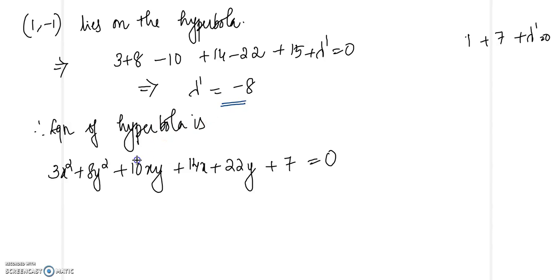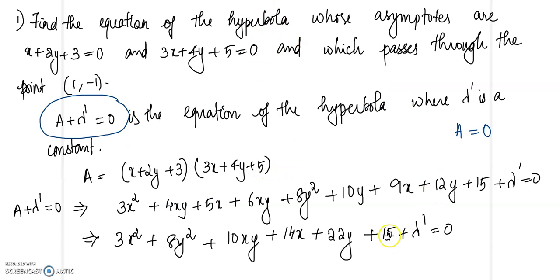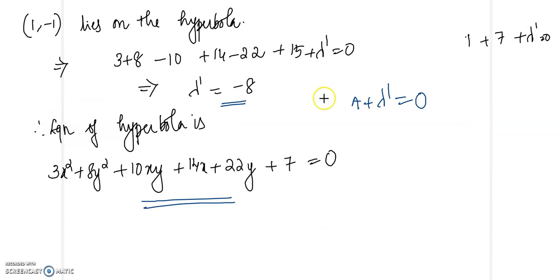Therefore the equation of hyperbola will be A plus lambda dash equal to 0. The constant is 15 minus 8, which gives us 7. So this is the required equation.